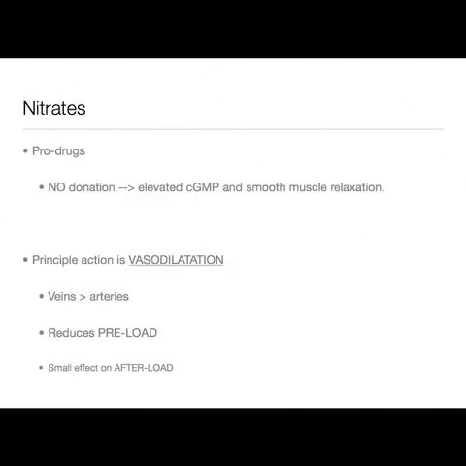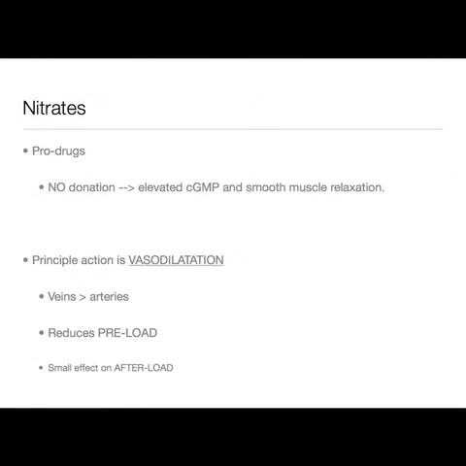Nitrates are prodrugs that have their effect by acting as nitric oxide donors to vascular smooth muscle. Nitric oxide itself is important in increasing levels of cyclic GMP within the smooth muscle and eventually resulting in relaxation and thus vasodilatation. While both arteries and veins are affected by these agents, it is important to note that the veins are affected more.